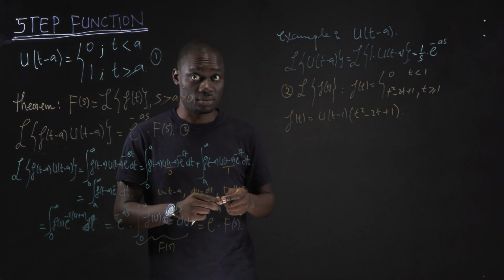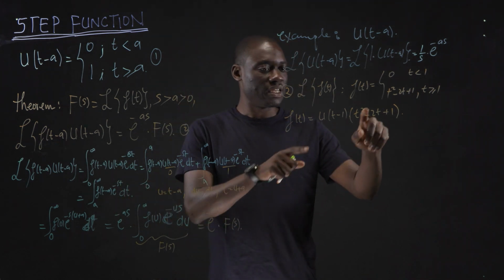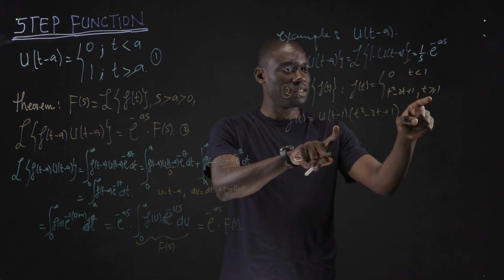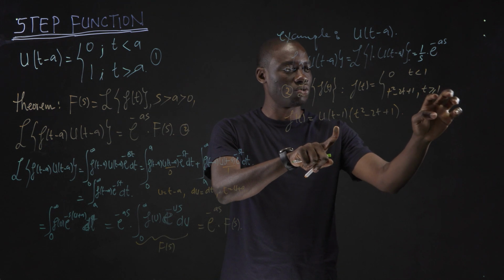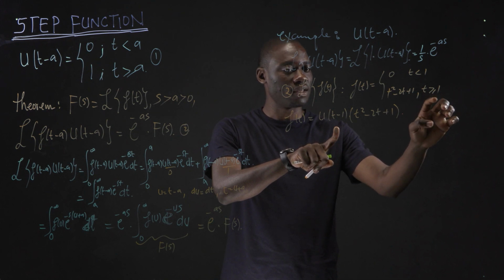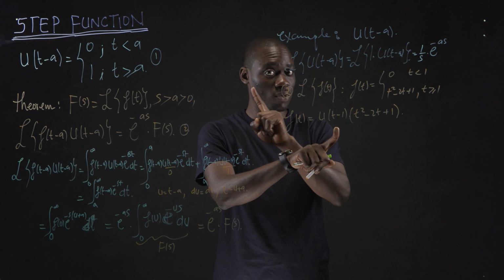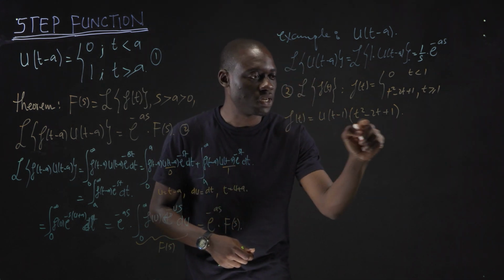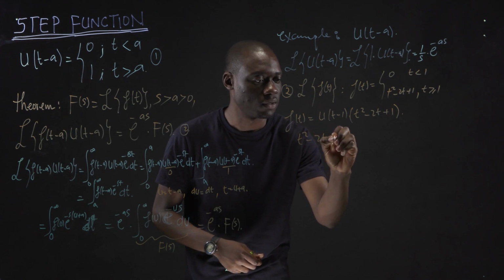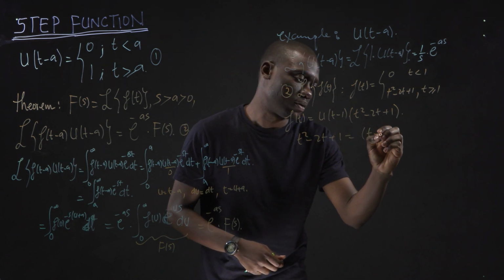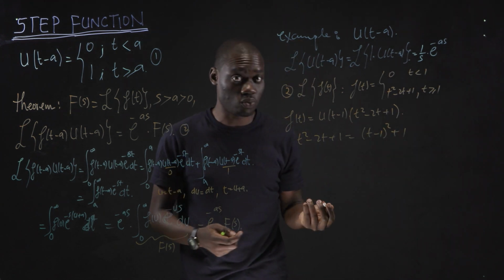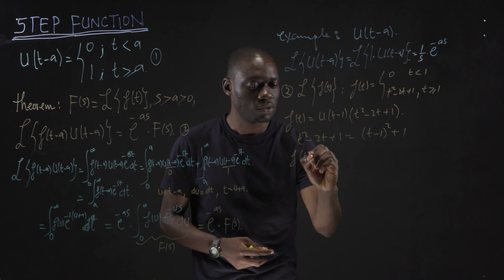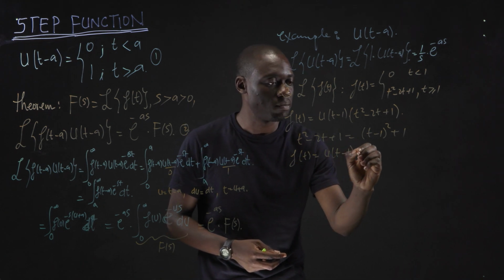Yes, because if t is less than 1 it is 0, and if t is superior to 1, the unit step function will be 1, and then we will remain with this function. Now, we also know that t squared minus 2t plus 1 is (t minus 1) squared. So at the end of the day, our function can be written as u(t minus 1) times (t minus 1) squared.